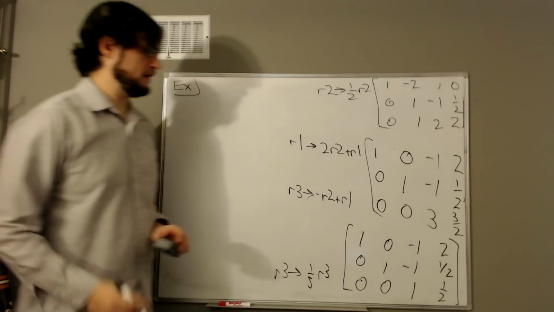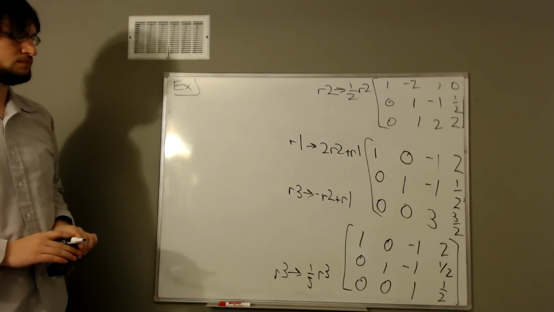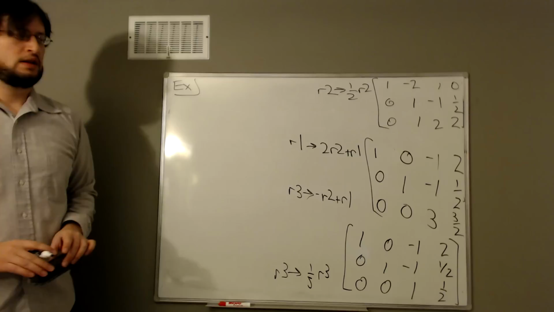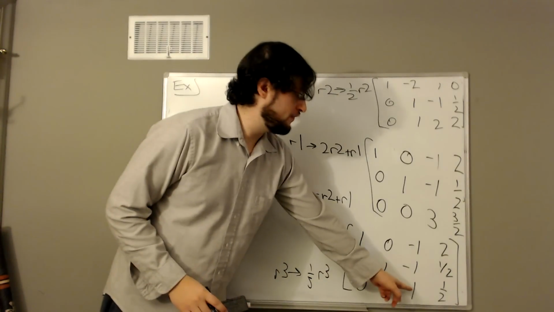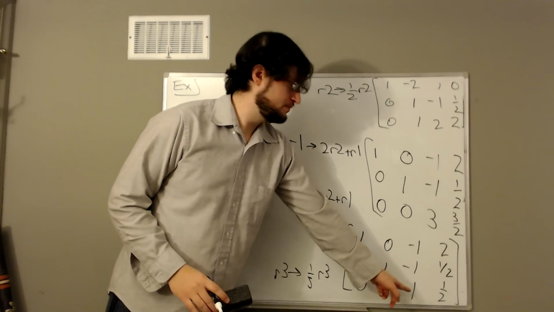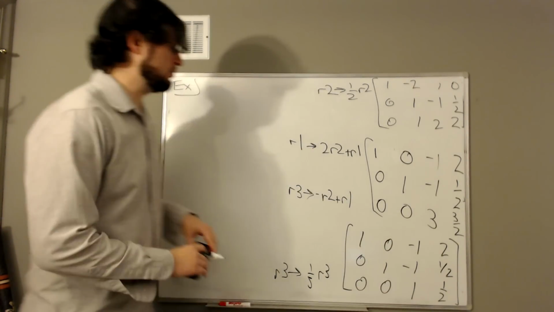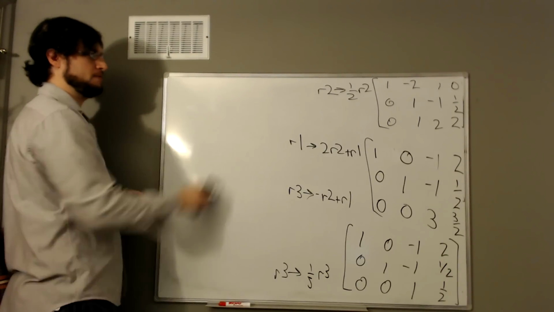And that's what we find. Now that we've made our final pivot position into a 1, we need to get zeros above and below it, in this case just above.